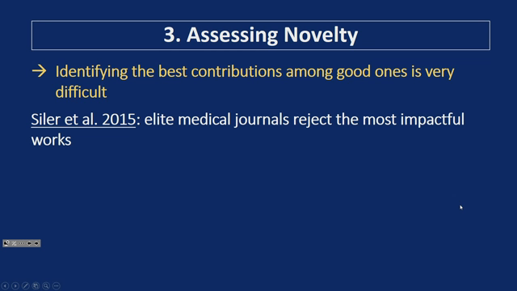So they are initially rejected, published elsewhere, and display a very high impact, a higher impact than the papers already published in the journal.